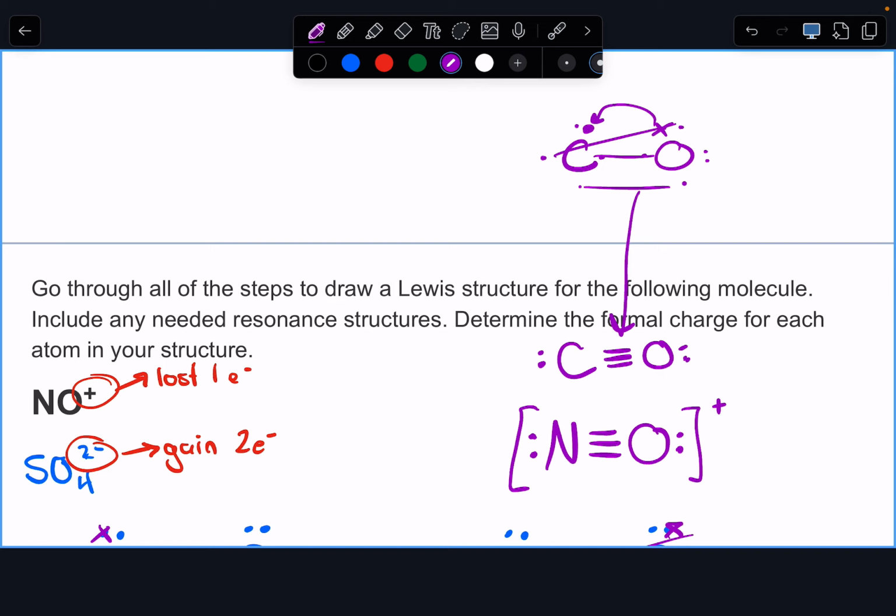That process of moving the electron is what causes carbon to have the -1 formal charge. So as a quick review for that, carbon started with 4, and now it has 1, 2, 3, 4, 5. So it is -1.